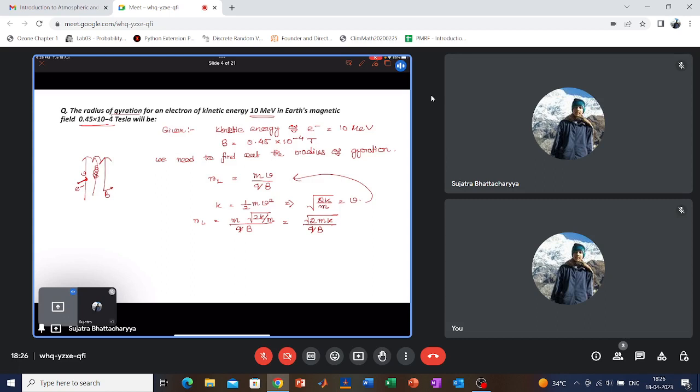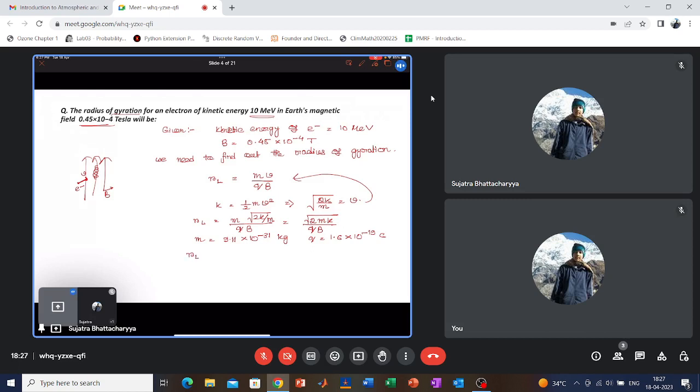We know that the mass of the electron is 9.11 into 10 to the power minus 31 kgs. We know that the q of the electron is 1.6 into 10 to the power minus 19 coulombs. B is already given, kinetic energy is already known. Therefore, now we can calculate this expression for the radius of gyration.